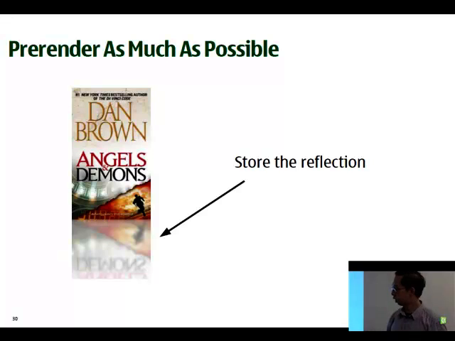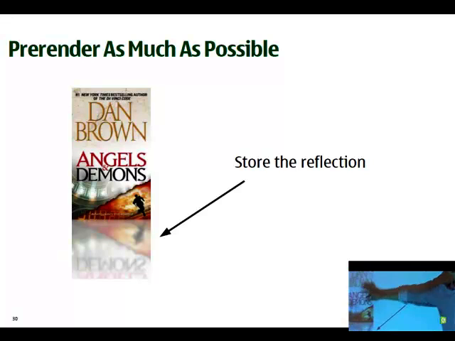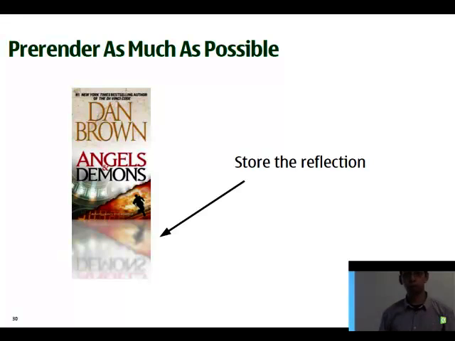In this application, I call the whole thing here, the cover with the reflection, a surface. So that's one of the tricks: pre-render as much as possible. If it is possible to create the reflection before you display it, then go ahead and create it and store it somewhere. There's a price that you pay, because you also need some memory space just for the reflection.